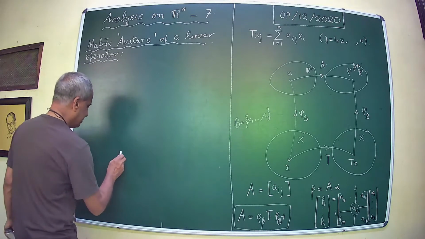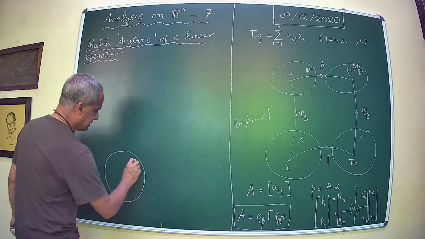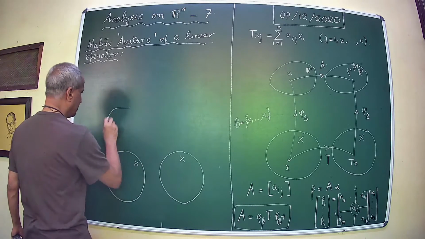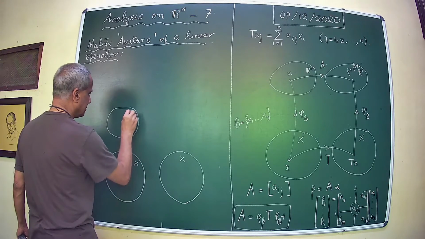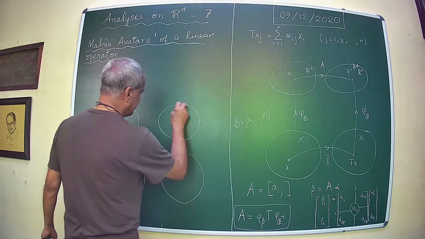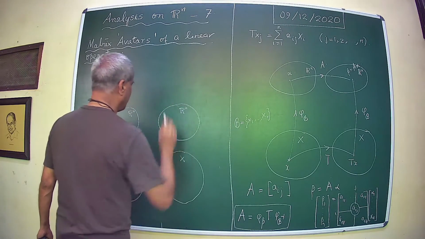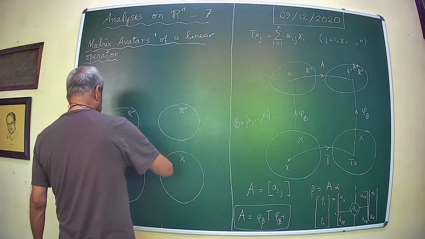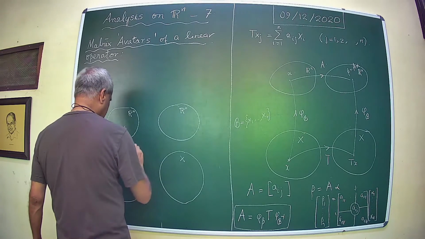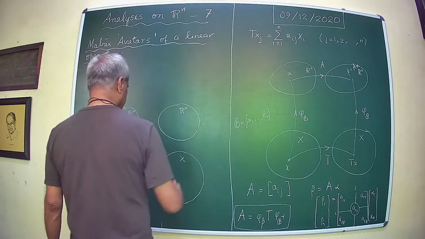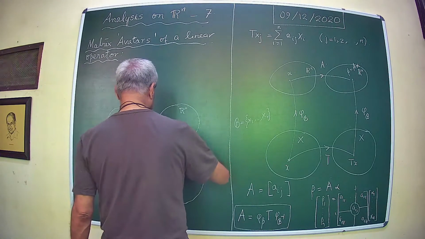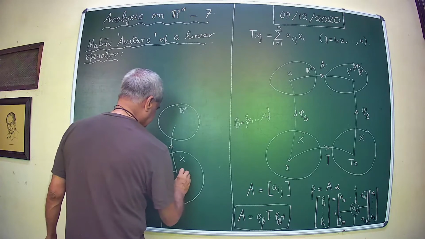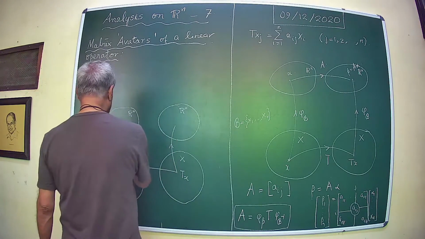So you have X here, X here. You have a copy of Rn. You have another copy of Rn, same copy of Rn, in fact. Now this is through an isomorphism phi b. Suppose this is X. X is mapped to Tx. And this goes to alpha.